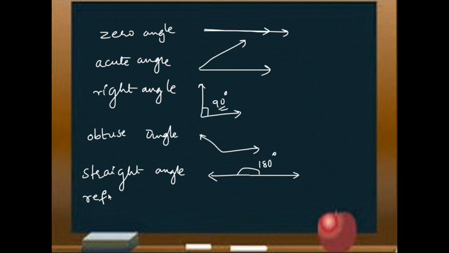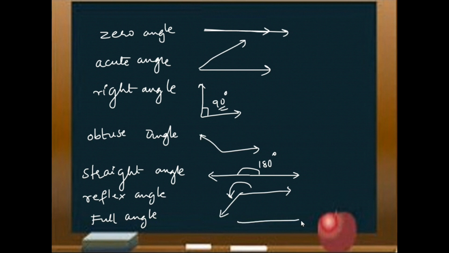Then we learned reflex angle, which is nothing but more than 180, and it is denoted by an arrow like this. And then at the last we learned a full angle, where the ray completely covers the entire area and comes back and overlaps its original ray.